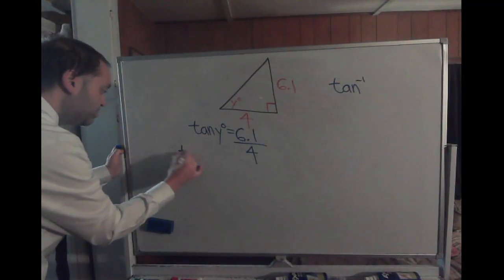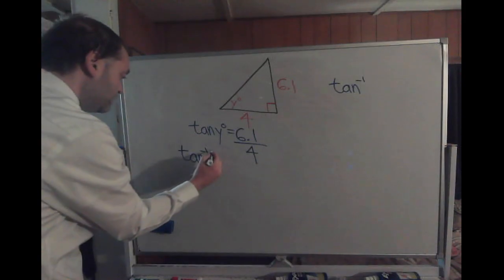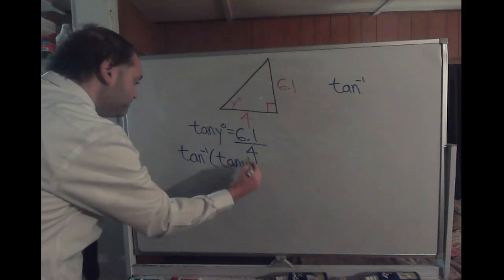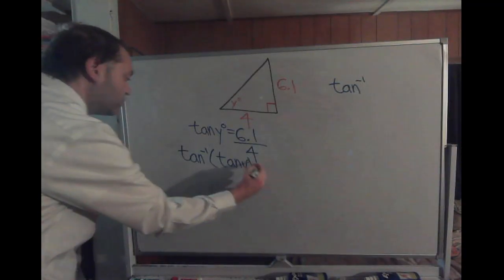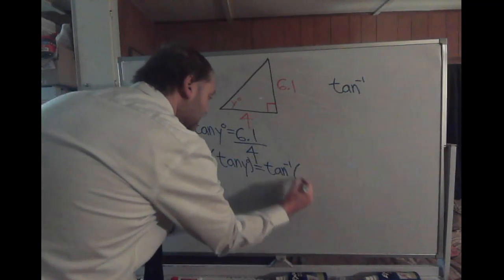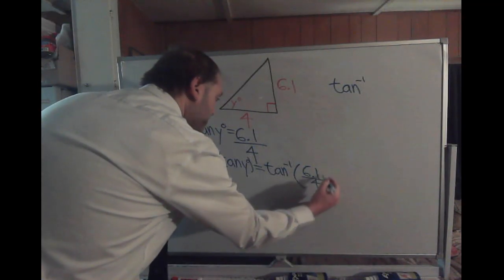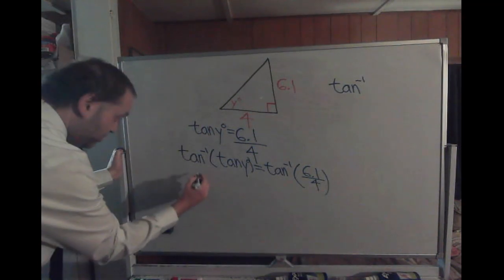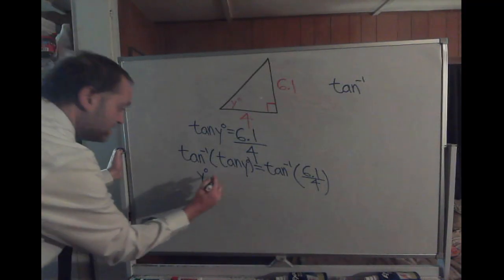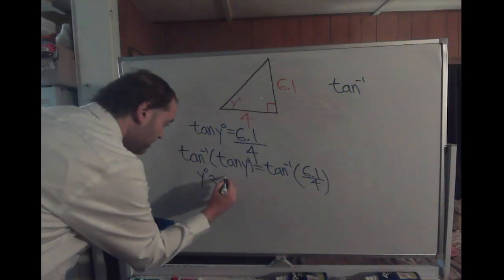So what you'll need to do is the tangent inverse function of the tangent of y degrees, of course, would equal the tangent inverse of 6.1 over 4, which then, tangent inverse of tangent unlocks the function and just makes it y degrees. We're going to round to the nearest degree.